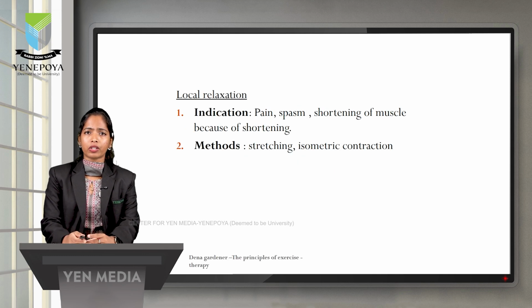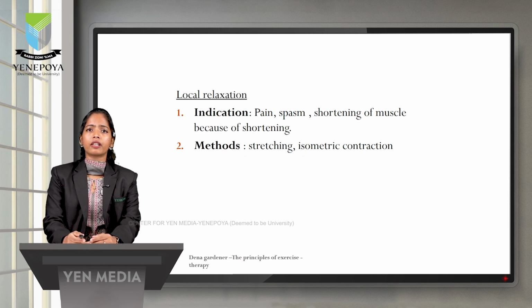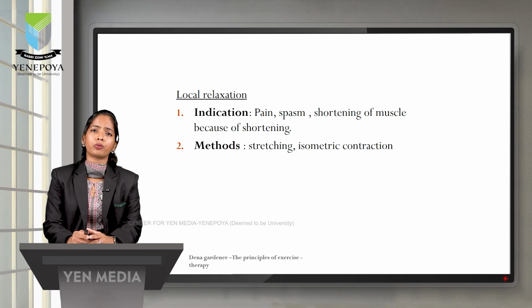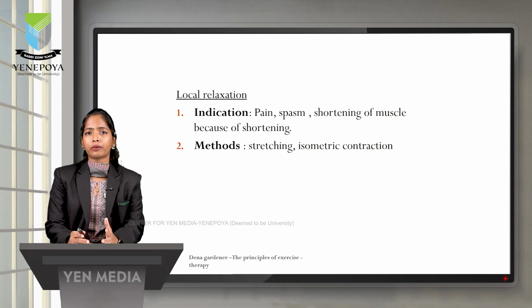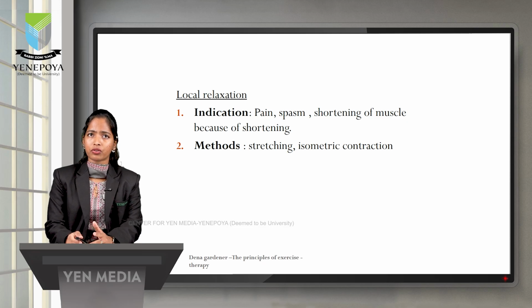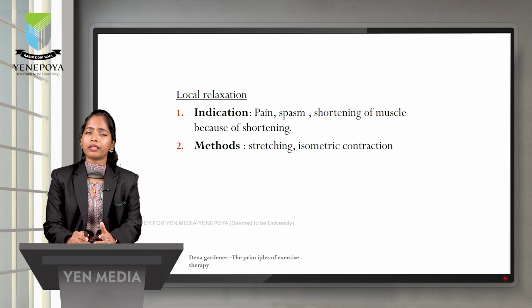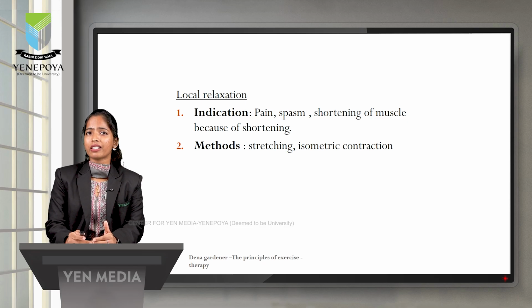As I was telling, when it comes to relaxation, there are two types of relaxation. First, whatever we have discussed so far was general relaxation. Right now what we are discussing is local relaxation. The indications for local relaxation will be pain, spasm, or shortening of the muscle.